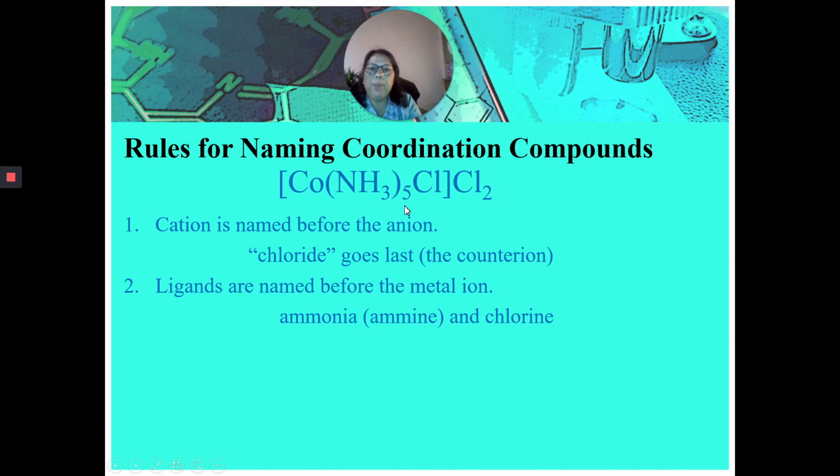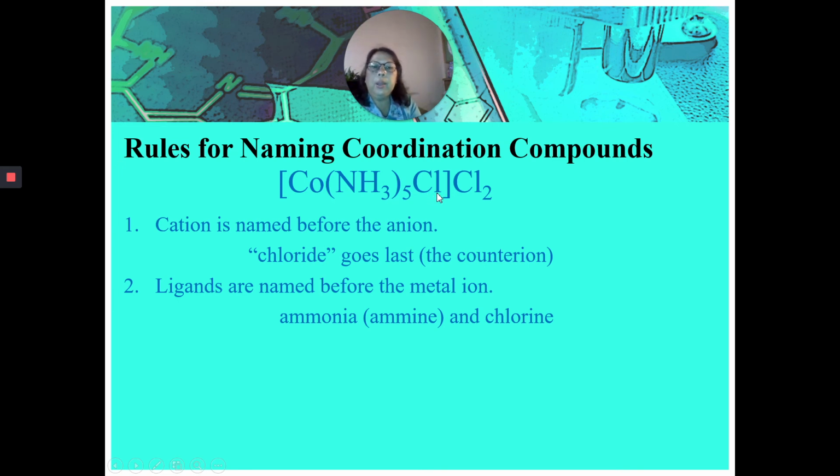But there is a thing that you should consider here. There are 5 amines. So in this case, you have to use your prefixes in math. That is, 2 is di, 3 is tri, so 5 is penta. So there are 5 amines, so you could say pentaamine. And then there's also another rule that you should follow.